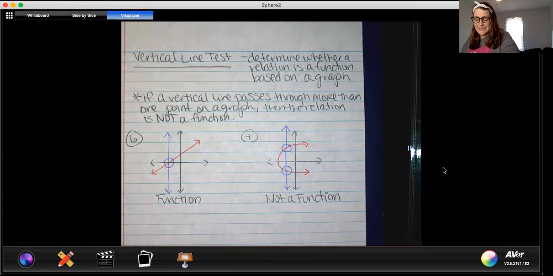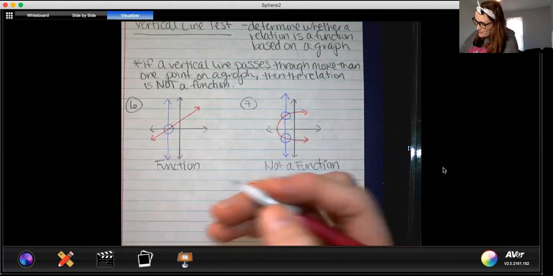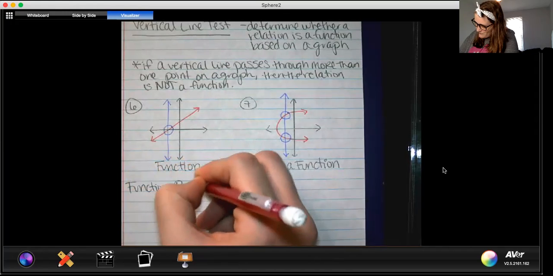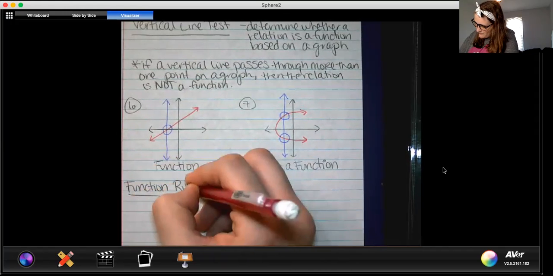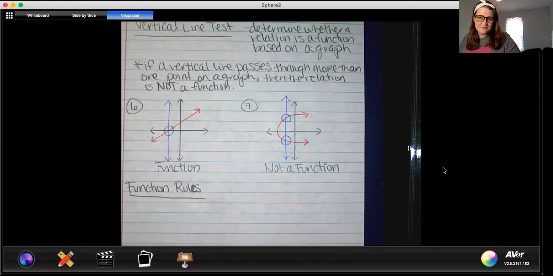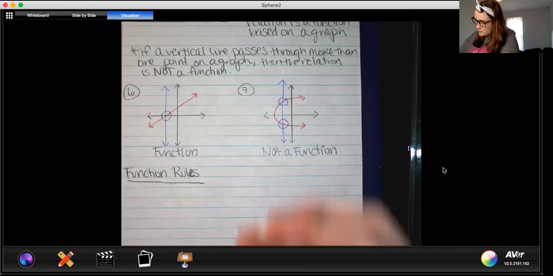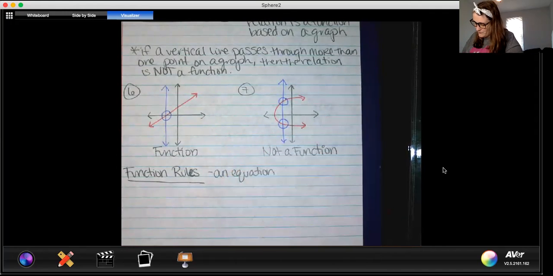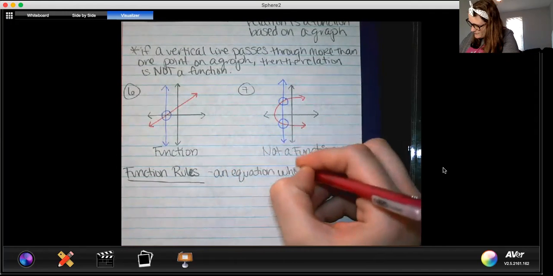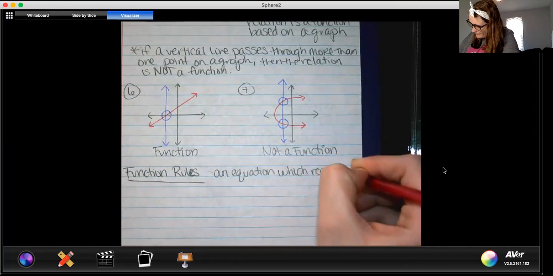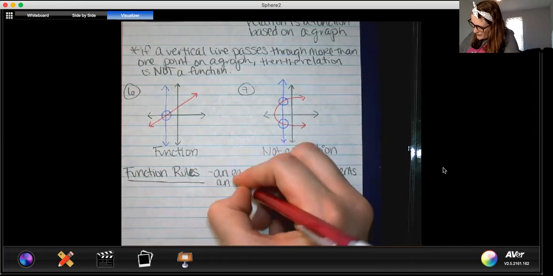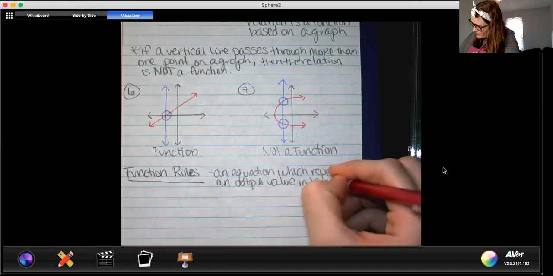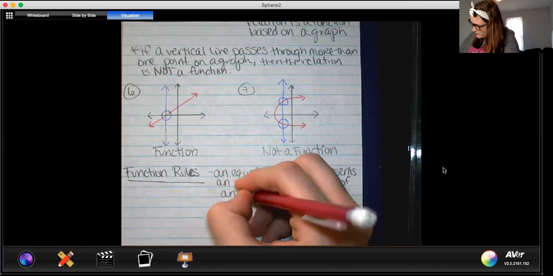The last thing we're going to talk about today is function rules. So a function rule is an equation which represents an output value in terms of an input value.